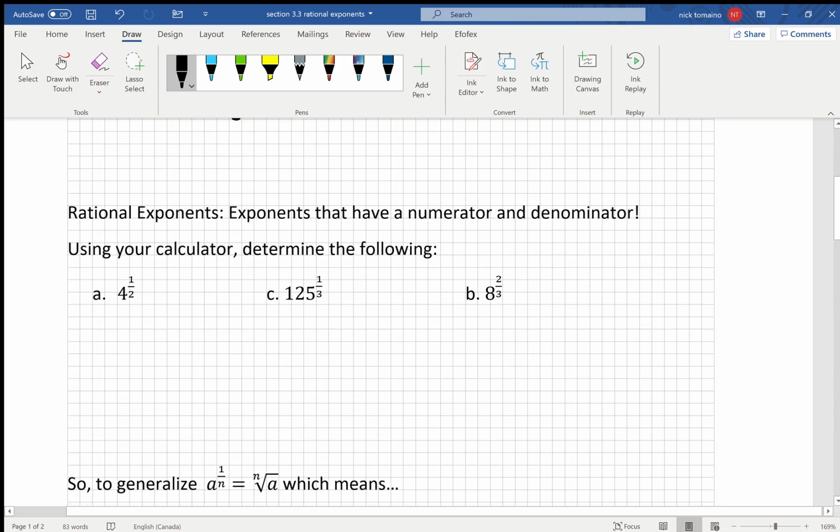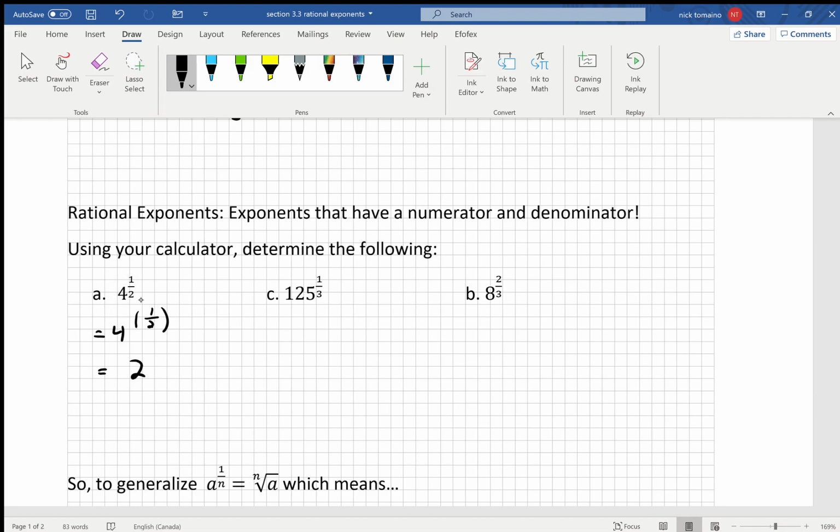All right, so it says rational exponents have a numerator and a denominator. Use your calculator to determine the following. So to plug this into your calculator, you would do 4, hit your exponent button, bracket, 1 divided by 2, close bracket, and the calculator will give you 2.